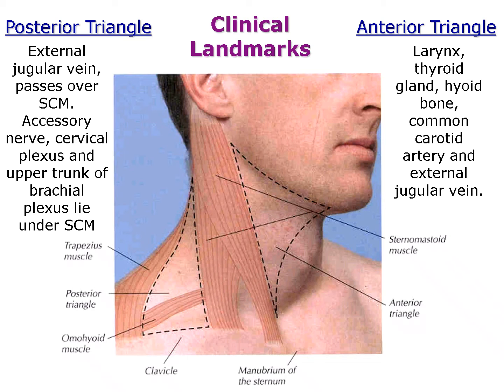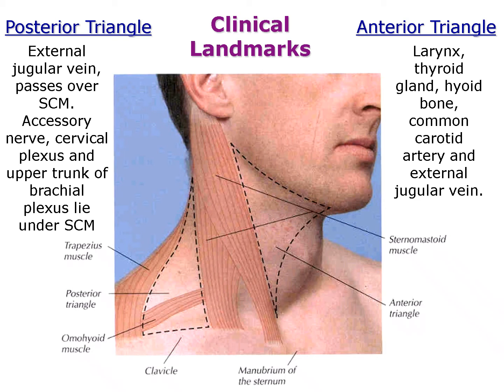Other important structures pass through this triangle, such as the external jugular vein and the upper trunk of a plexus of nerves that operate the muscles of the upper limb, the brachial plexus. The larynx, thyroid gland, and common carotid artery, as well as the external jugular vein, pass through the anterior triangle. The muscles found in the anterior triangle include the suprahyoid and infrahyoid muscles.